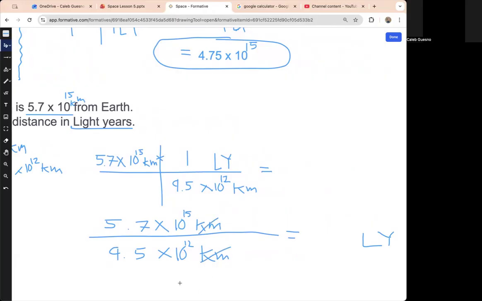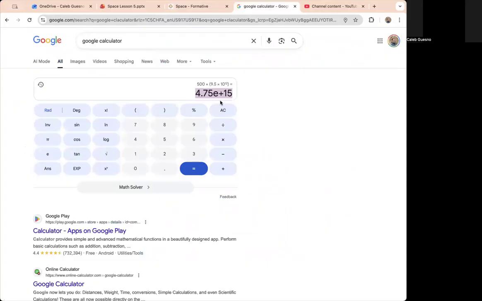So let's go to our calculator. One more time. We got 5.7. We'll do parentheses. 5.7 times 10 to the 15. And we're going to divide that by 9.5 times 10 to the 12.